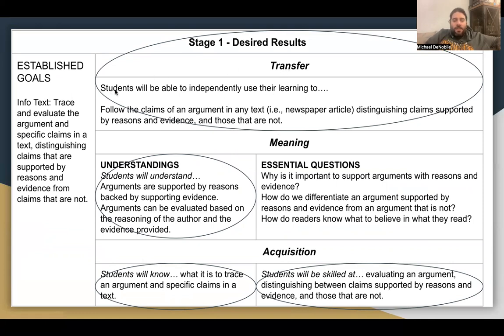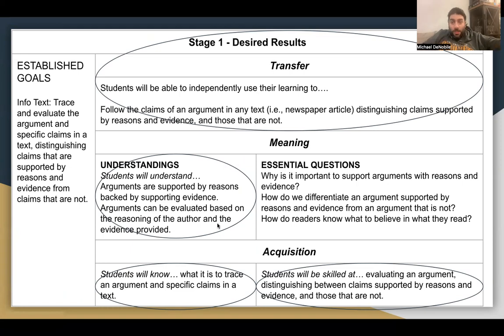And then the transfer: students will be able to independently use their learning in order to do what after they've completed the entire unit? That's why in desired results, transfer is last, because remember, we're thinking backwards. So after they're done, what will they be able to do?